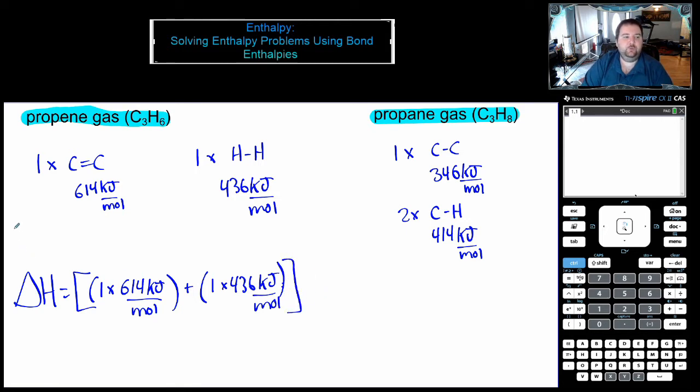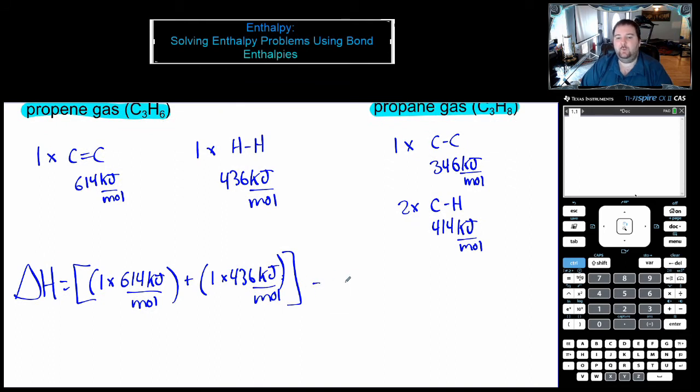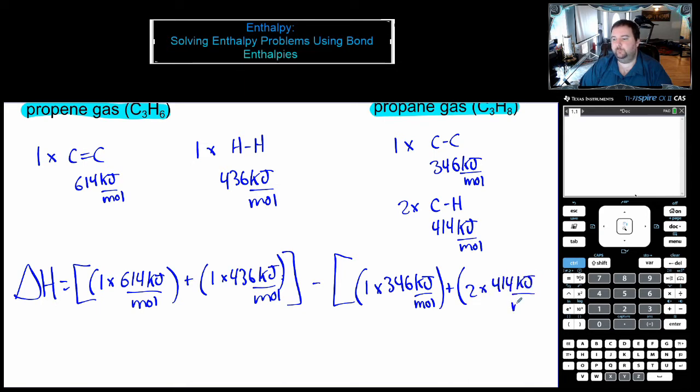And that's it for breaking bonds. Now, what bonds need to be formed? Well, we're subtracting. And we have 1 carbon-carbon single bond. And we have 2 carbon-hydrogen single bonds. There we go. And now we can simplify this.